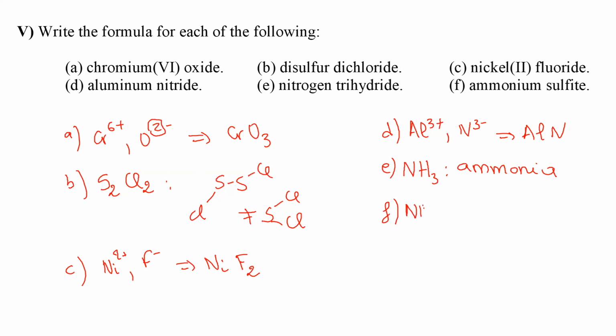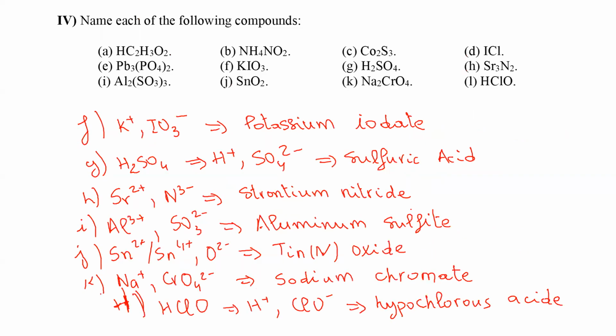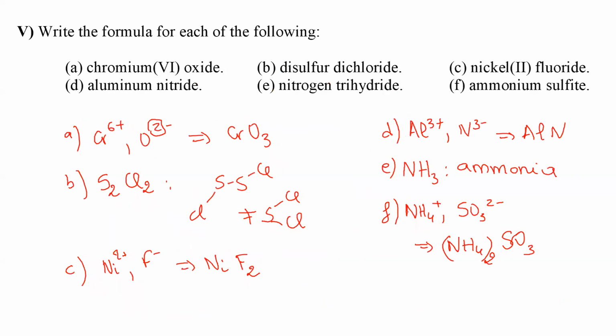We know the ammonium ion, NH4 plus, and sulfite, SO3 2 minus. So the formula will be (NH4)2SO3, with 2 ammoniums to balance the charge. Okay, so we need to know how to get from the name to the formula, as well as from the formula to the name. That's it for this recitation of chapter 2. See you again next time.